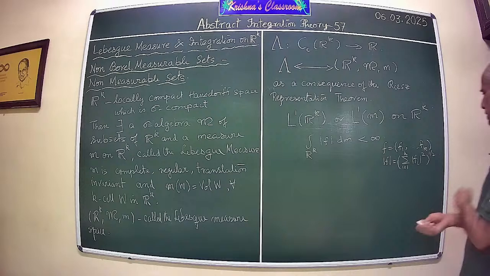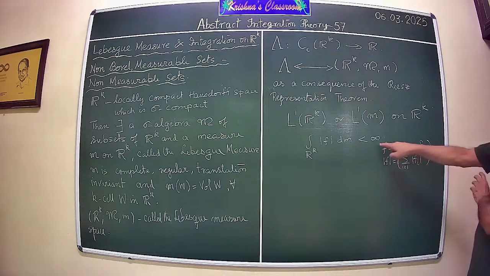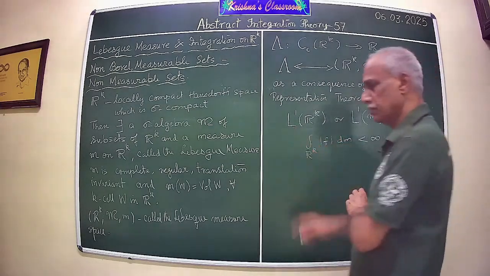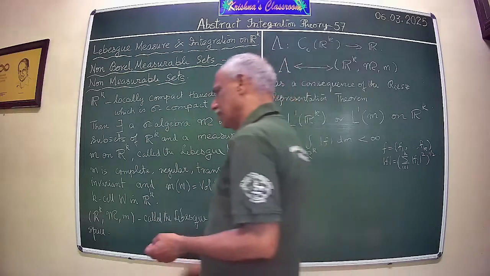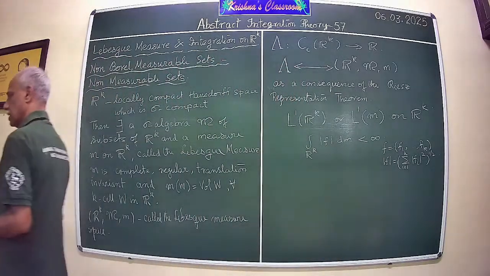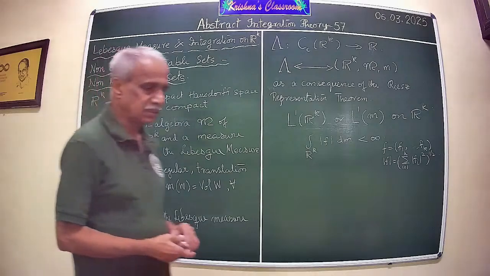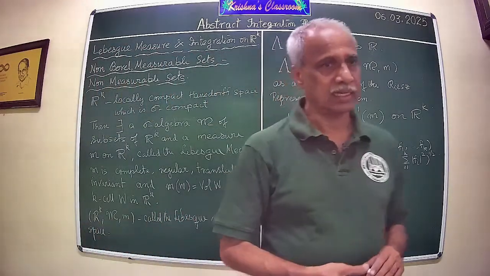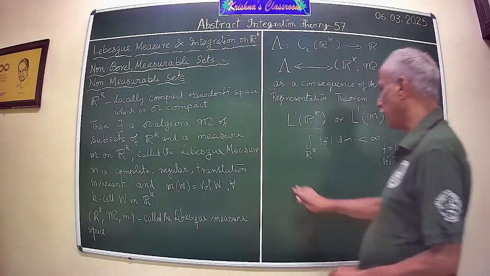Now this is the notation that we use, right? And if this is finite, then you say this is the L^1 space over R^k. And now we shall go into the details of that and more generally to L^p spaces, and then look at the structure of these spaces in due course.